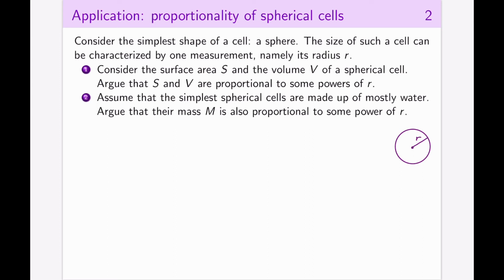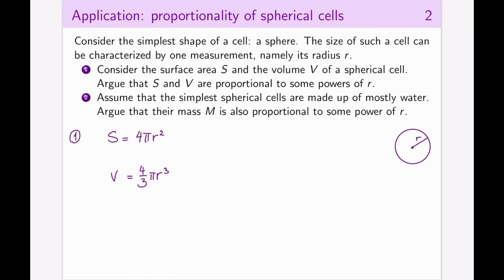First of all, we are asked to consider the surface area and the volume and show that they are in fact proportional to some power of r. Now, these are some of the formulas that are going to come in handy. You don't have to memorize them by heart. They will always be available to you. The surface area of the sphere is 4 pi r squared, and the volume of the sphere is 4/3 pi r cubed.